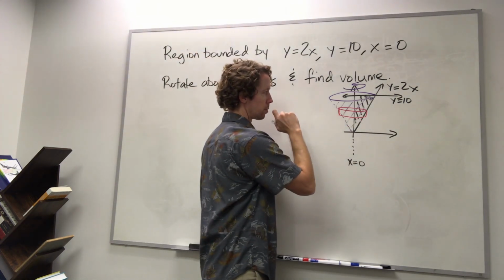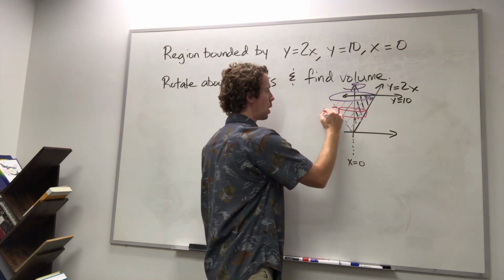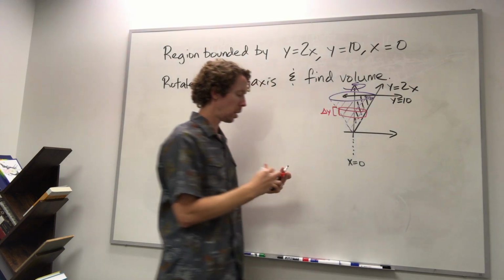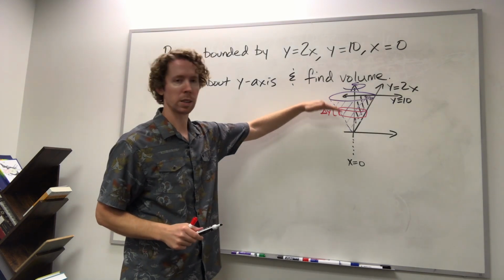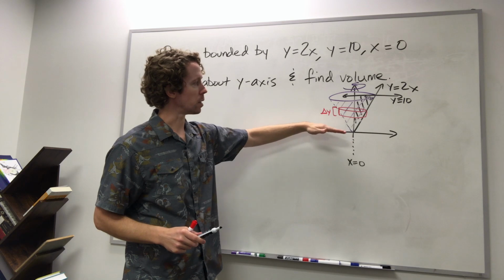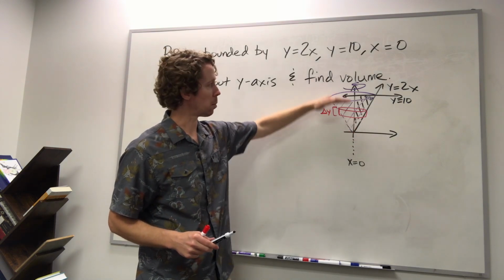And I'm going to call the width of that thing, or the height, delta y. It's in the y direction, and it changes depending on how many slices I'm taking. But the idea is I'm creating a bunch of these from the bottom up to the top.